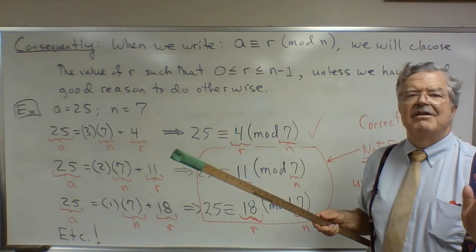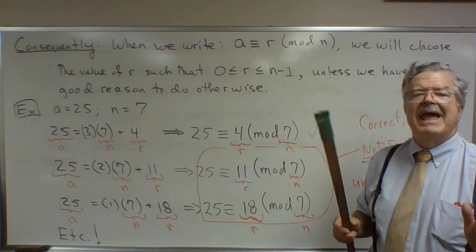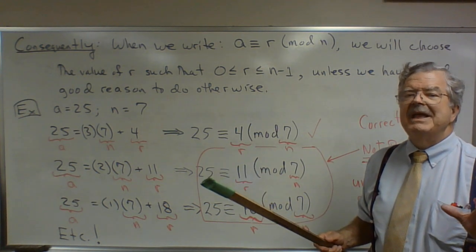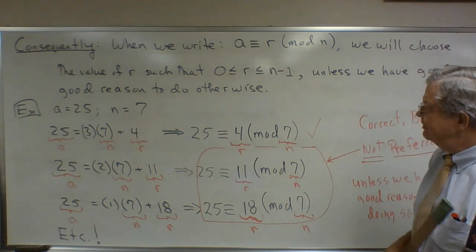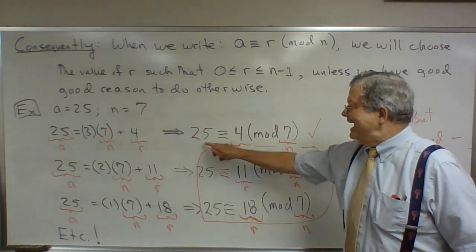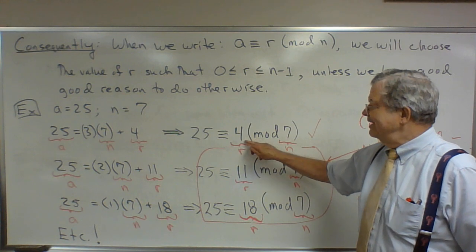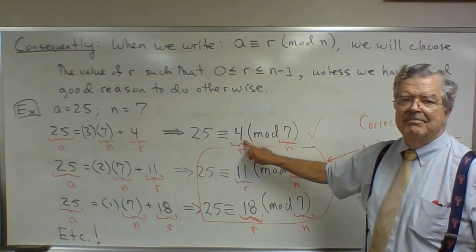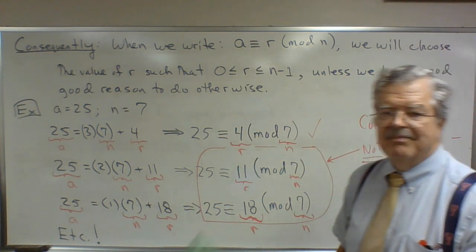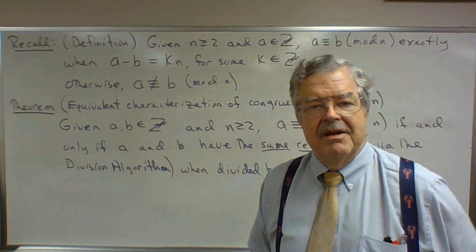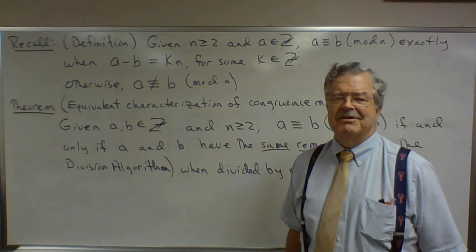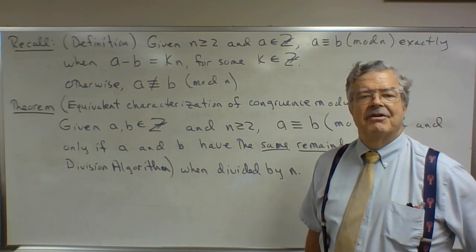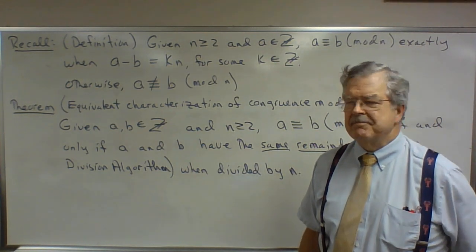They gave that set of numbers from 0 to n minus 1 a name, because unless we have a good reason to do otherwise, a modulo n is going to be equal to one of those numbers between 0 and n minus 1. Now here's our first big result, and I say big because even though it's very easy to grasp, we're going to use this quite a bit.